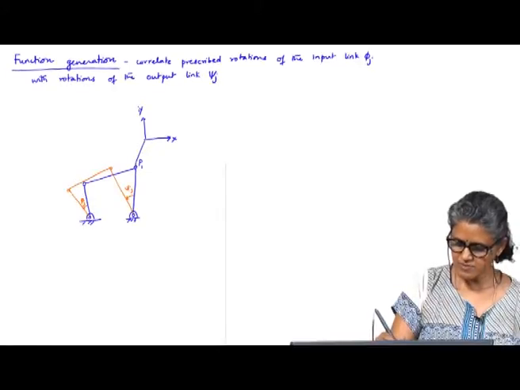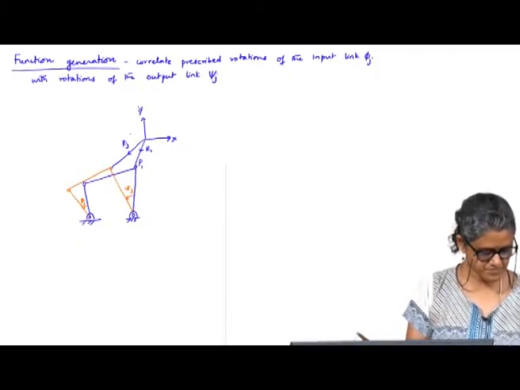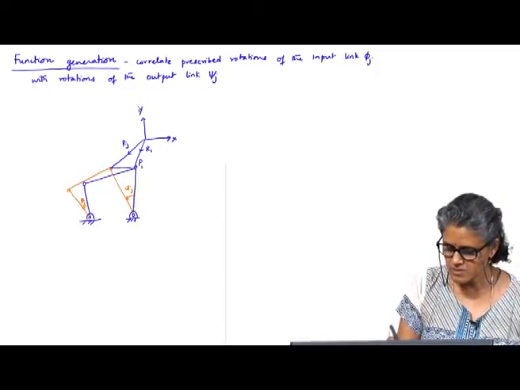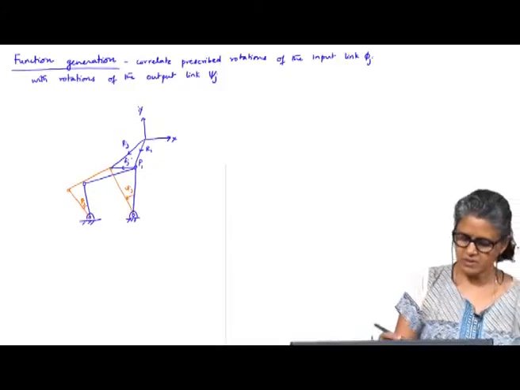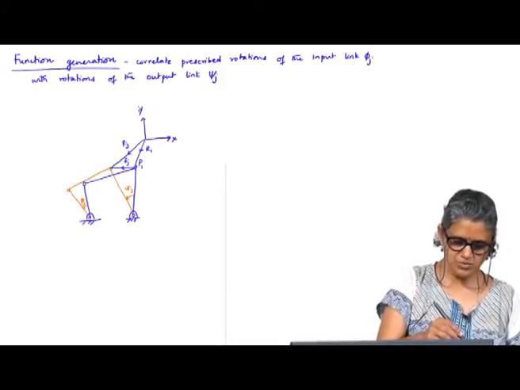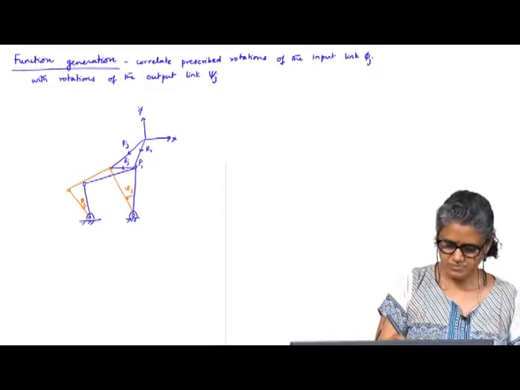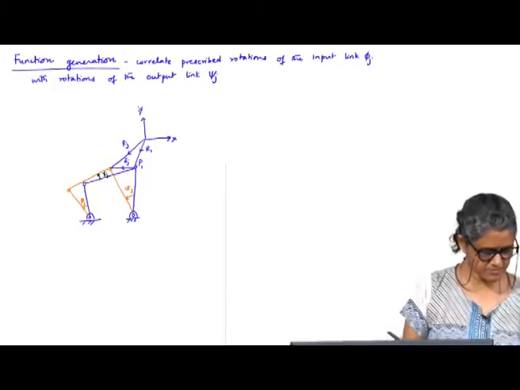So if this is R1, Rj, delta j, the angle between these two will be gamma j.